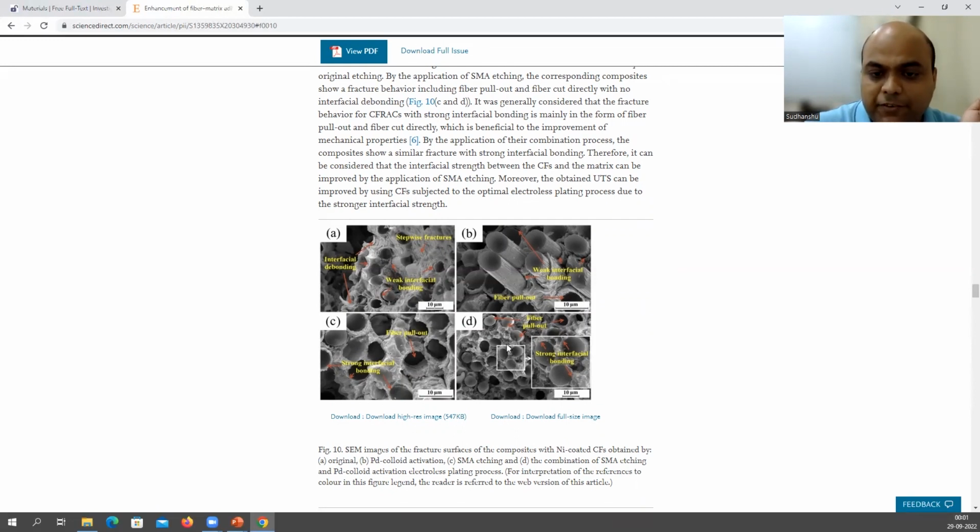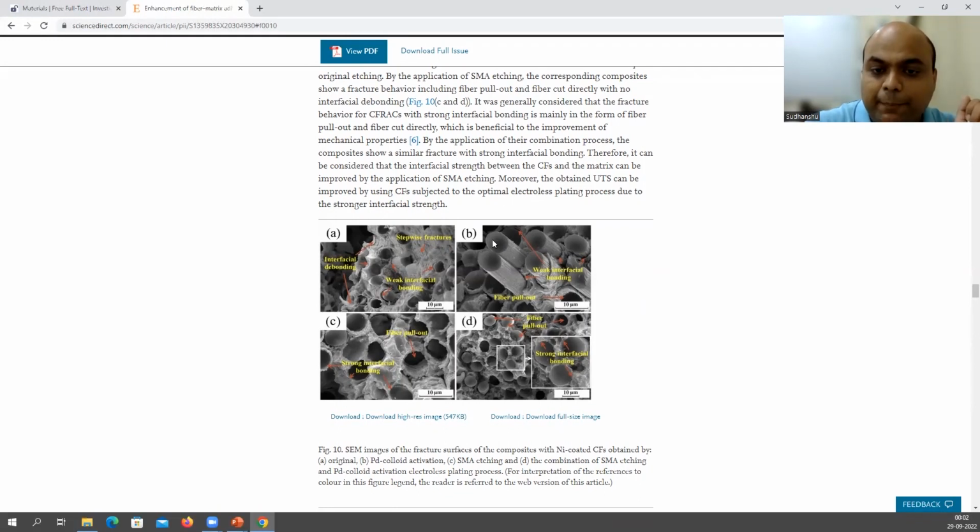And this area, if you see, this is happening because of the strong interfacial bonding. So what you see is the fiber fractured, but you don't see it pulling out, right? It is on the same level as the fracture surface. You can see here. So this is your fracture surface, right? So it is on the same level as the fracture surface. So this is a typical example of when you have strong interfacial bonding.